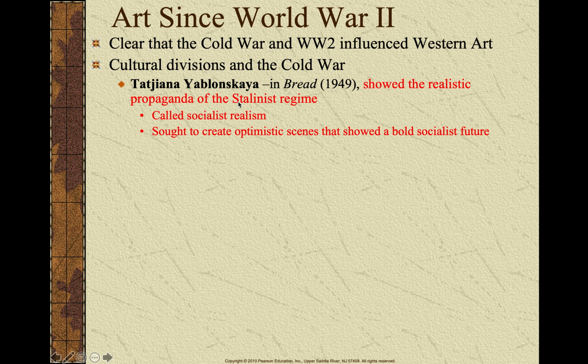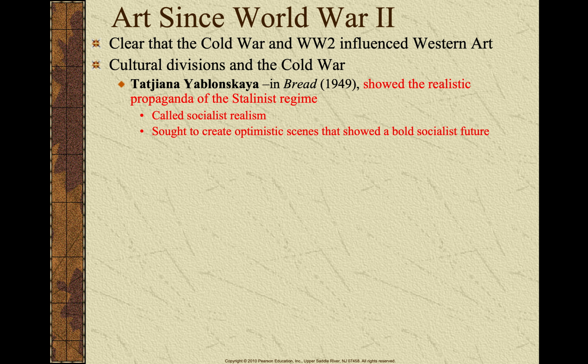One of the changes that we're going to see is a type of art called socialist realism. And what it was, was propaganda. Yablonskaya's picture Bread is an example of this, but what it did was show optimistic scenes that really promoted socialism and communism, said, hey, this is a good thing, it's amazing, look how happy the people are, we're doing great, all right?